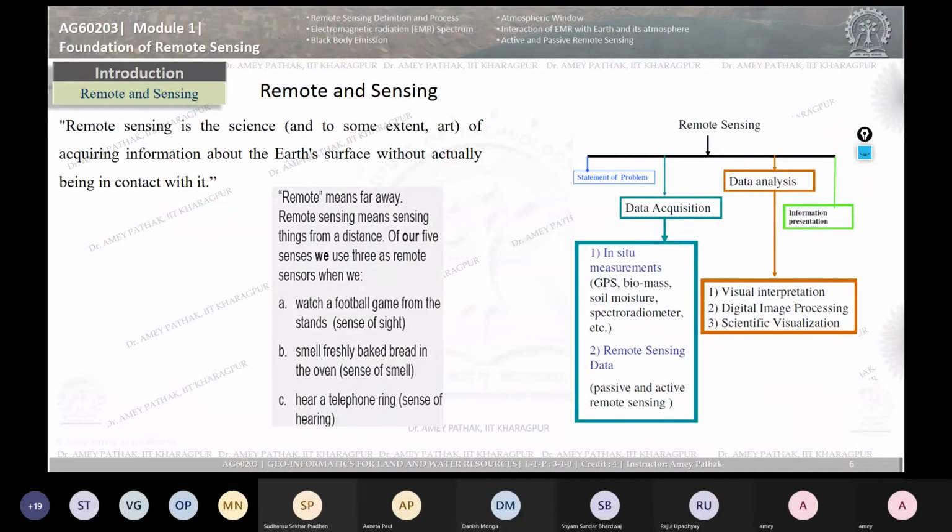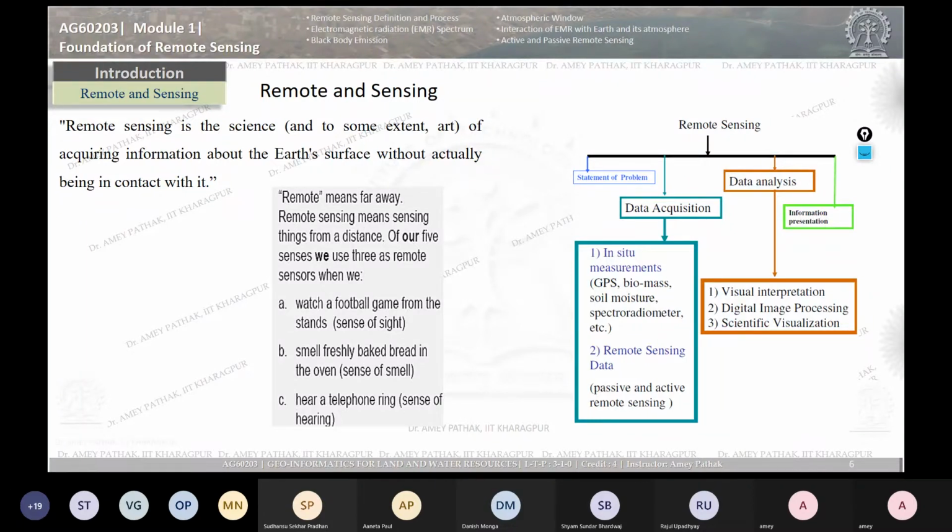Remote sensing, as the word says, is made up of remote and sensing. Remote means from far away, not exactly at physical contact. For example, we also perceive reality in our day-to-day life based on our senses. Normally we have five senses. What are they?